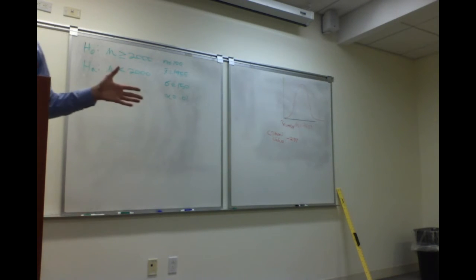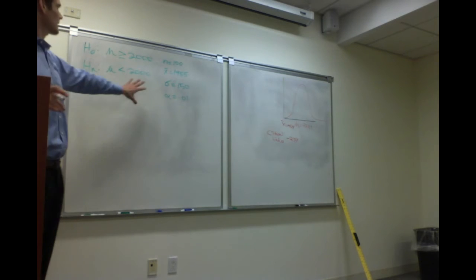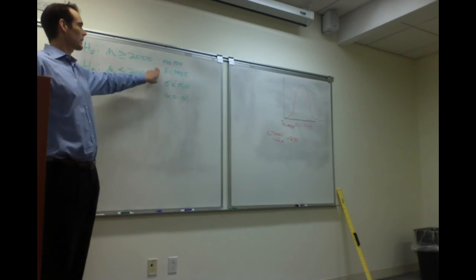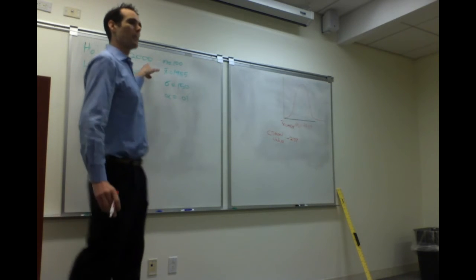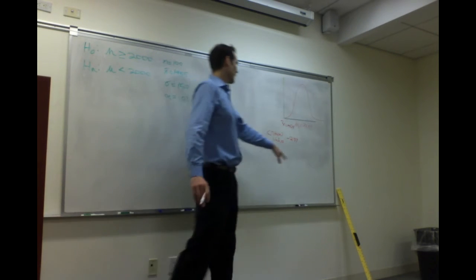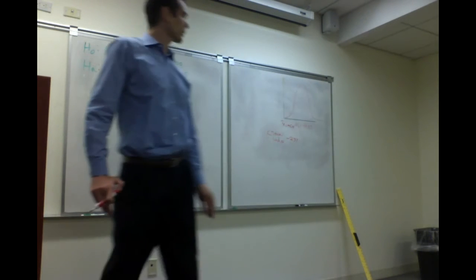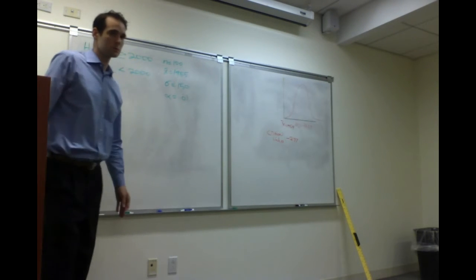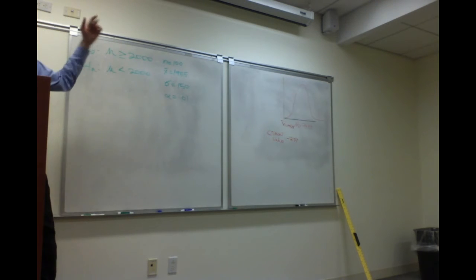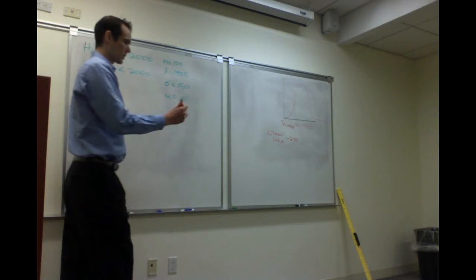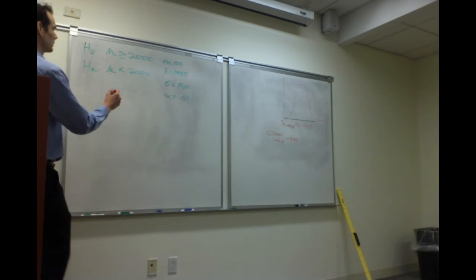So our next step is to calculate this z statistic. We know the sample mean is below 2,000, but is it far enough below 2,000 to have a z-score of negative 2.37 or lower, such that it would give us cause to reject the null hypothesis? So let's calculate it.